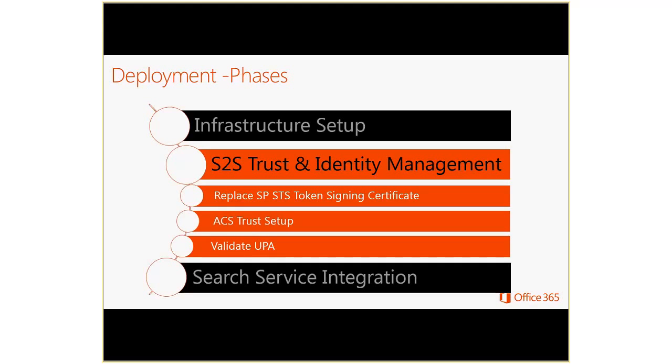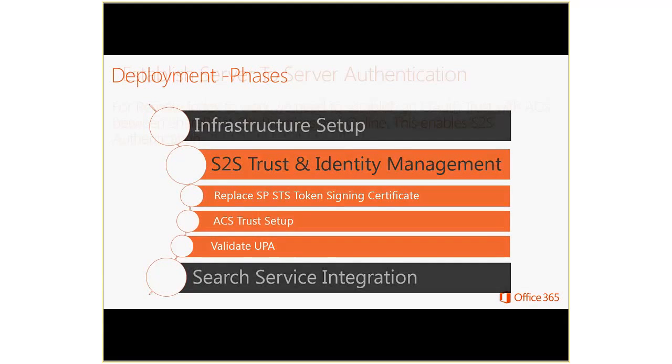To do this, there are a bunch of steps which need to be done. A summary of those steps: you need to replace the security token signing certificate for SharePoint. We need to create an ACS trust, and also ensure that the user profile service application in on-prem has an import of the users who are going to use this workload.